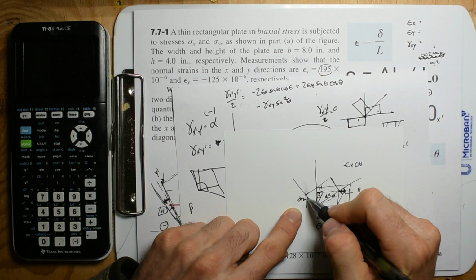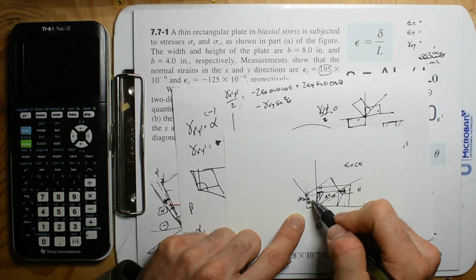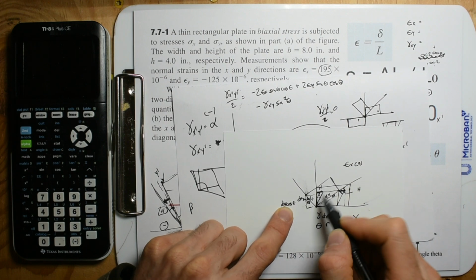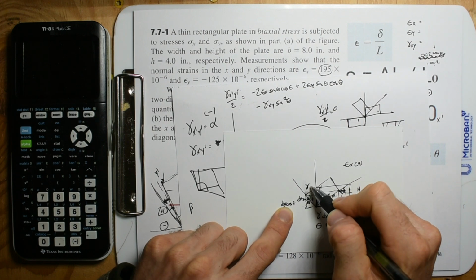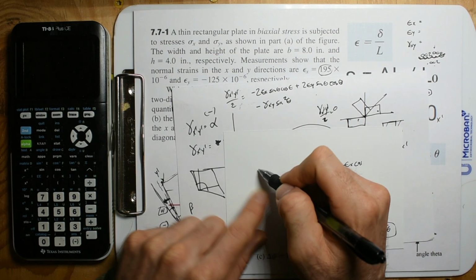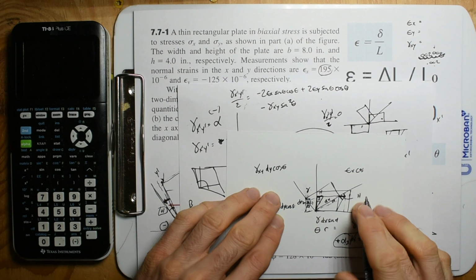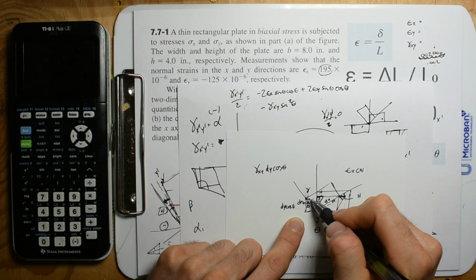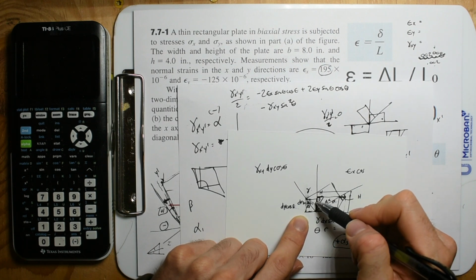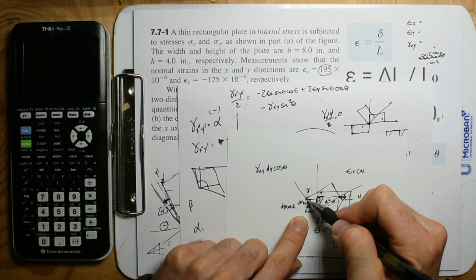Doing a similar thing over here, and I'll try to go as fast as possible. So we got theta. This is a dy, so this term is going to be dy cosine theta. I'm going to have a shear that's going to pick up that angle. Radius is dy cosine, so that hypotenuse right there is gamma xy dy cosine theta. And now we're analyzing just this side, and if it goes that direction, the angle decreased.